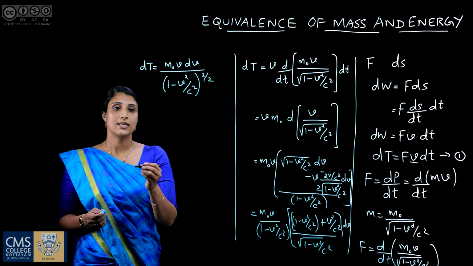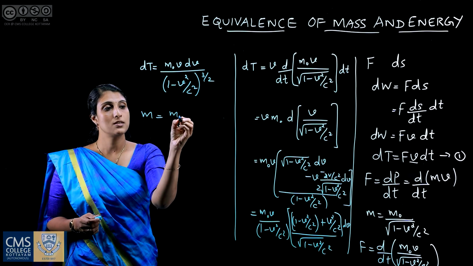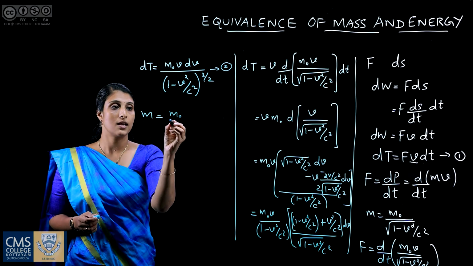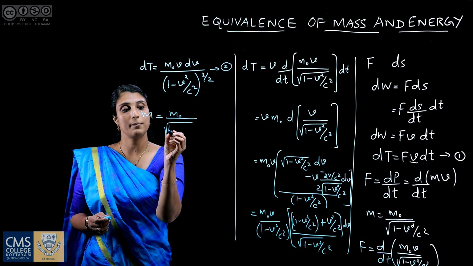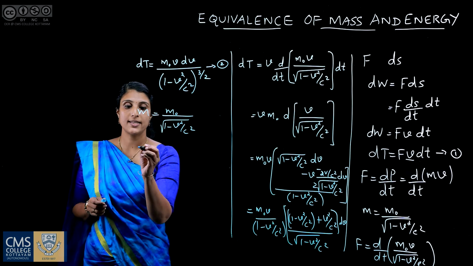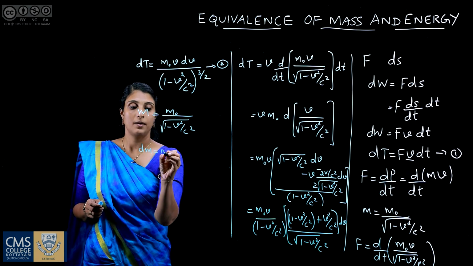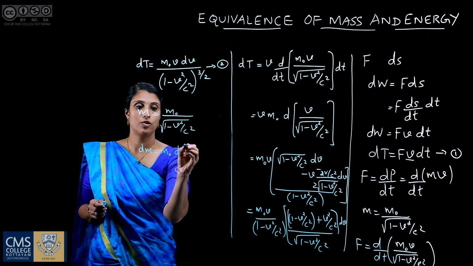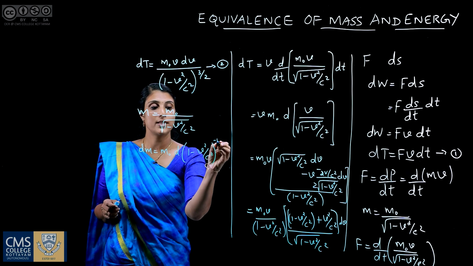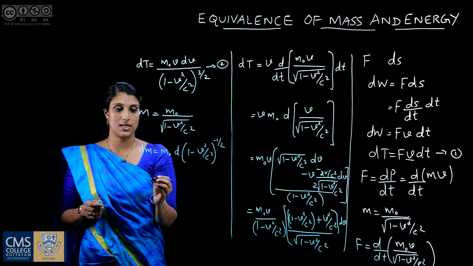And now we take m. This is equation number 2, and we have m equals m0 by root of 1 minus v square by c square. Now we differentiate this, that is dm equals m0 into d of 1 minus v square by c square whole raised to minus half. Since m0 is the proper mass, it is constant.